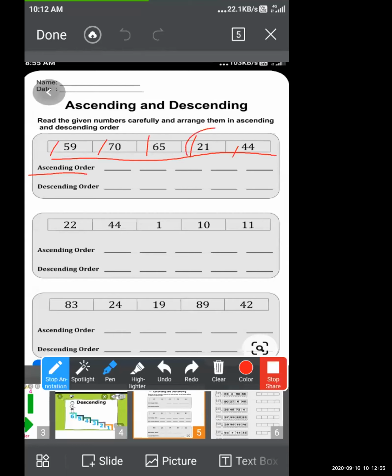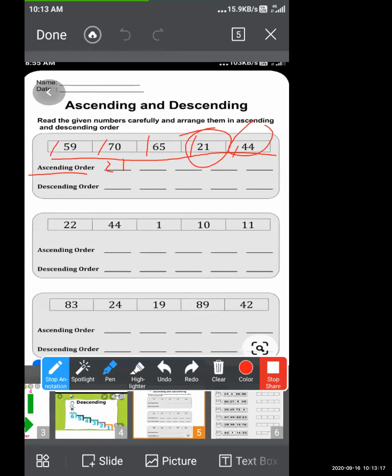Okay, 21, right? So first we write 21. After 21, these four numbers are remaining. Which number is the smaller after 21?